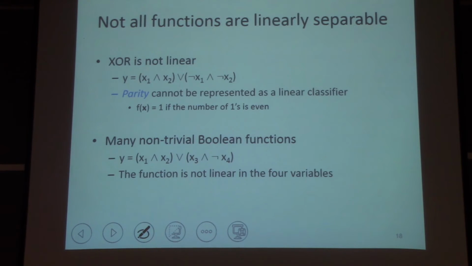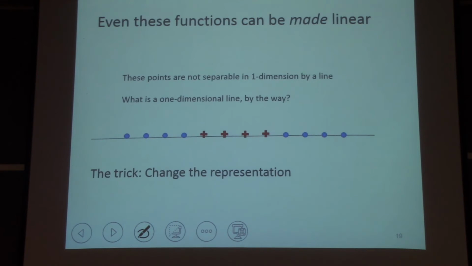And in general, arbitrary Boolean functions are not linearly separable if you have a mixture of conjunctive and disjunctive terms, like this thing here. So that means we are severely restricted in the class of functions that we can express. But all is not lost. It turns out even these functions can be made linear with a trick that is so important that I'm going to repeat this multiple times through the semester.